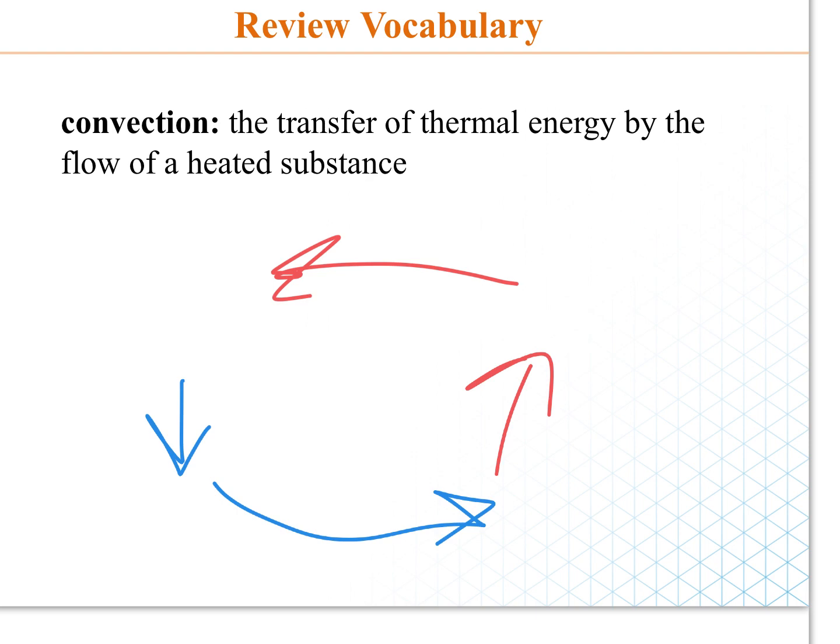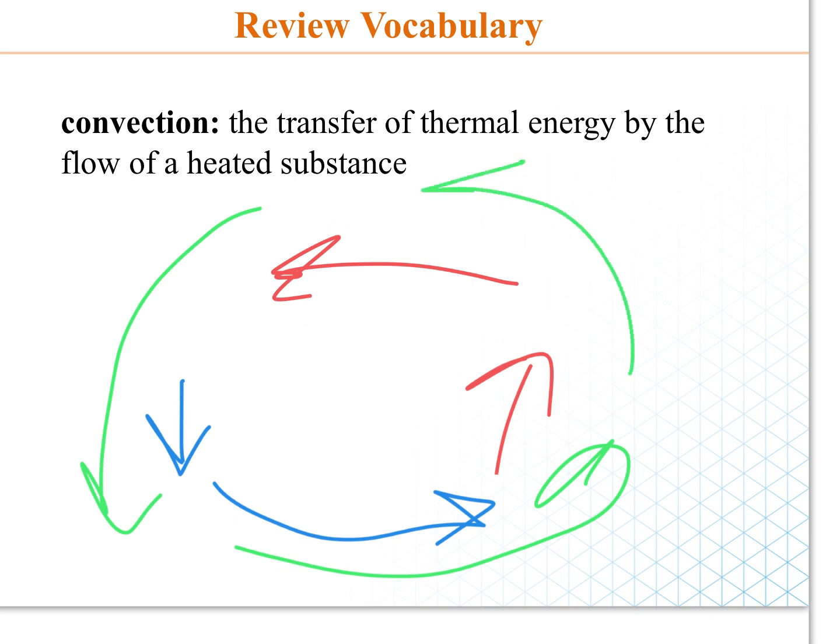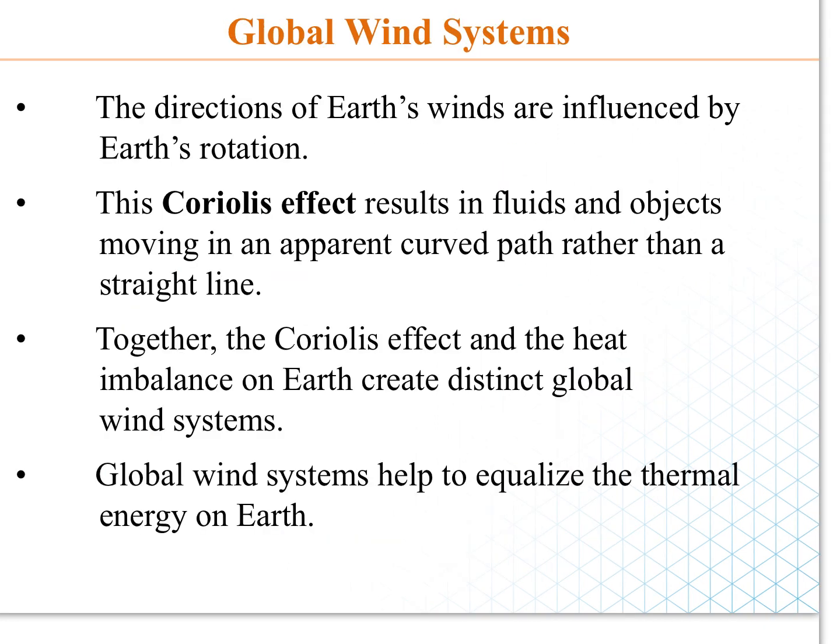And the big idea is that you get this big convective mixing process. Okay? We have mantle convection, we have convection in fluids, and we're going to see today how convection actually happens in the atmosphere.